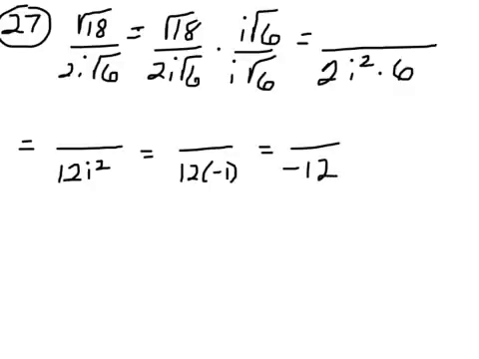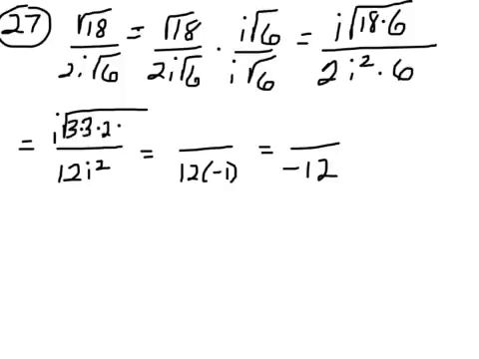Now let's look at the numerator. We've got the square root of 18, we've got an i, and then we can put the 18 times 6 underneath the radical. Now I'm going to keep up with the i, and I'm going to prime factor. 18 is 9 times 2, so that's 3 times 3 times 2, and then 6 is 2 times 3.